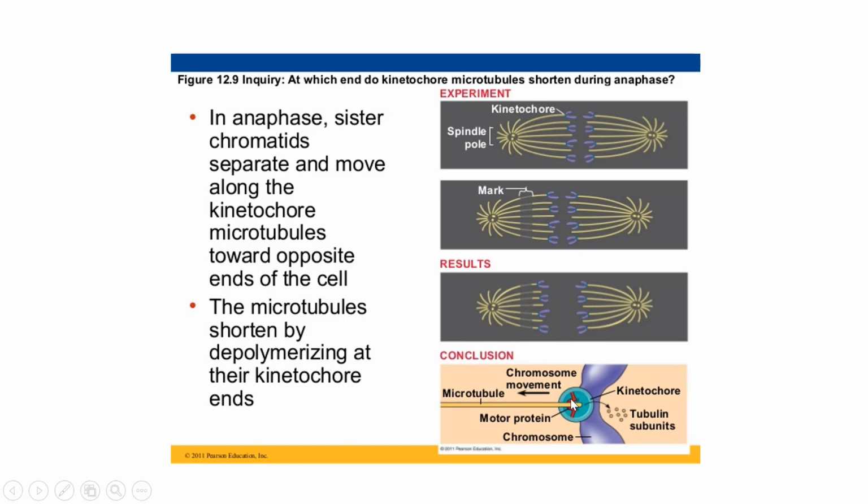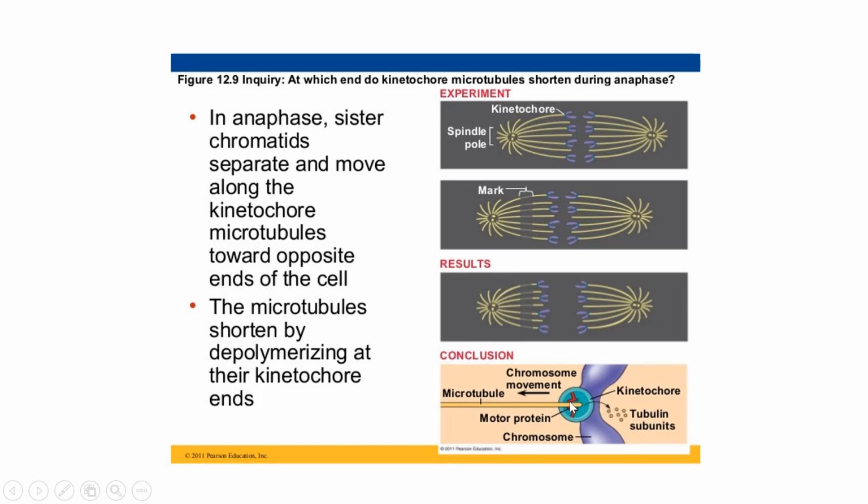The motor protein actually functions to move the chromosome this way, away from the pole. And that will happen if, as it is attached together, sometimes it will need to push it to get the chromosome at the equator during metaphase 1. And then the process of actually shortening this and pulling it towards the pole involves removing these tubulin subunits that make up the microtubule at this point of attachment.